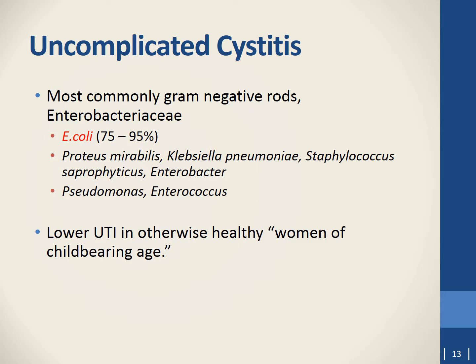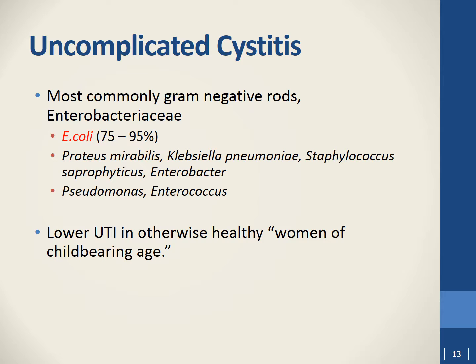So uncomplicated cystitis is defined essentially as a lower UTI, so not up in the kidneys, that would be pyelonephritis, but a lower UTI in otherwise healthy women of childbearing age. If you fall outside of that, if you would have, for example, urinary obstruction, be elderly or a male, then you don't fall into this aspect of the guideline, and you would be classified as a complicated urinary tract infection.